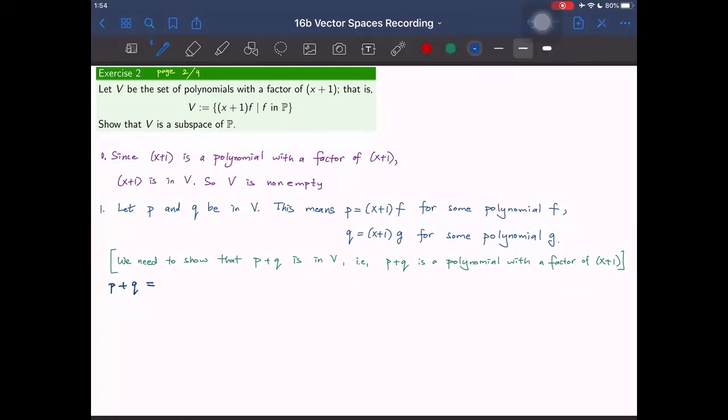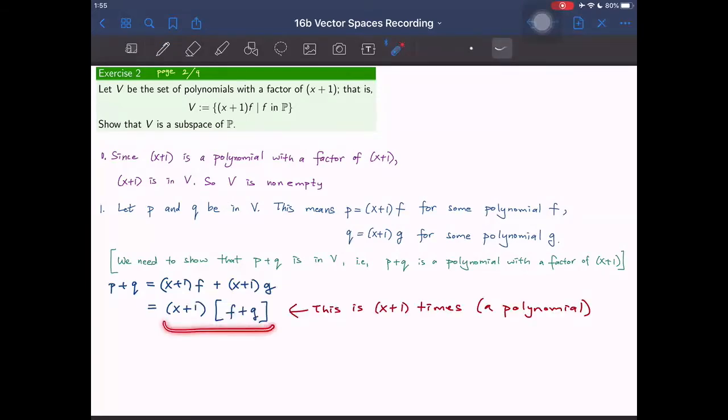So P plus Q is equal to, where I can replace P with x plus 1 times f, and I replace Q with x plus 1 times g. I have a common factor of x plus 1. This shows that P plus Q is equal to x plus 1 times f plus g, but f plus g is a polynomial. So P plus Q is in our set V. So V is closed under addition.